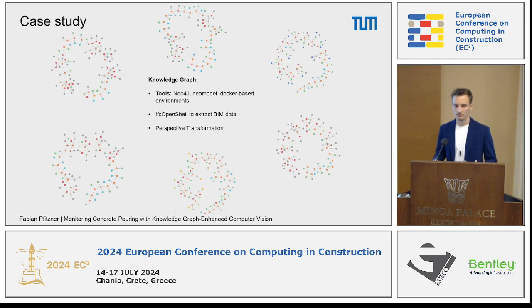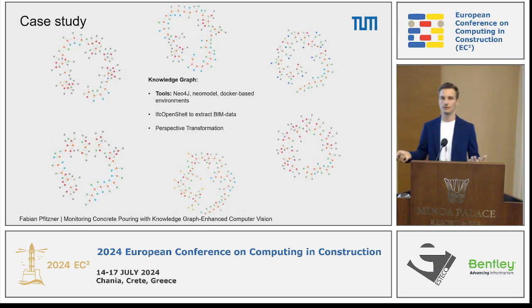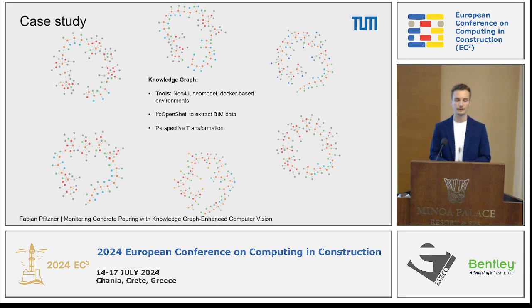So this data then got converted into knowledge graphs. So what did we use to generate these knowledge graphs and the ontology models? We used Neo4j, which is quite a common, very well-known graph database, and NeoModel to transfer the data to Neo4j.